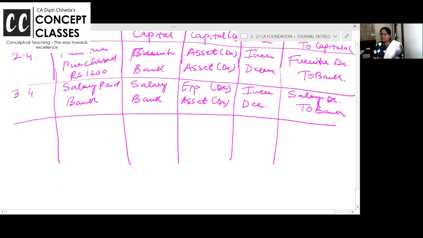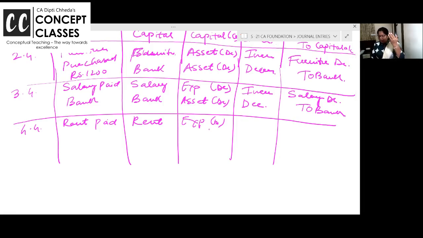After this, rent paid. What is the account involved? Same. Rent. What is the nature? Expense. Debit. So rent's basic nature is debit. More increase, more debit, rent account. Clear? Now rent paid is debit.